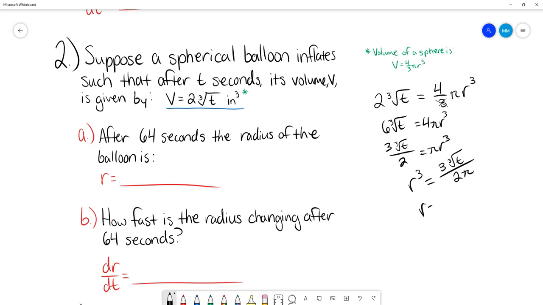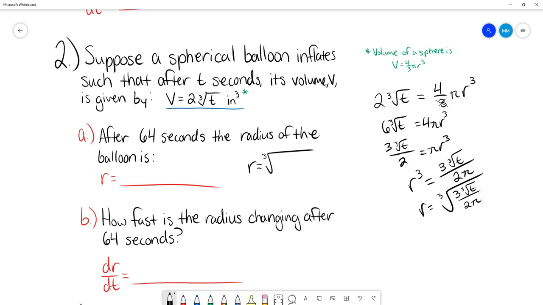So r is going to be the cube root of all of this, which is pretty ugly, I know. Thank God for calculators. I suppose we could leave it in terms like this, but I would use a calculator here.